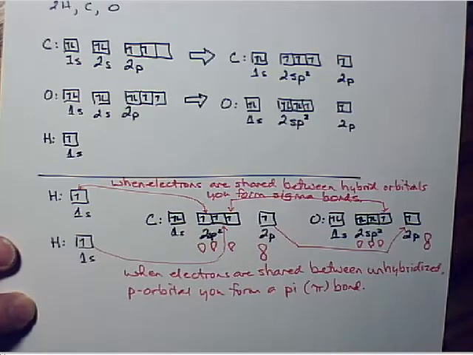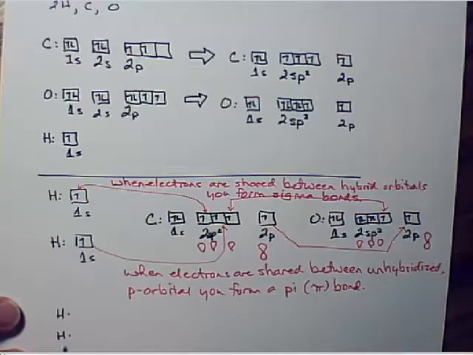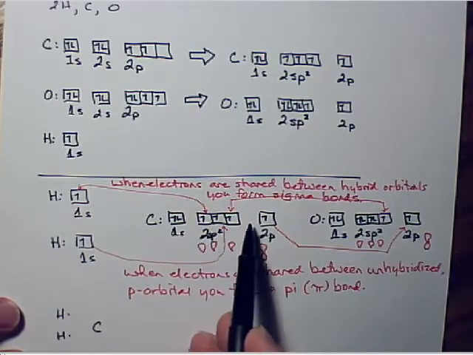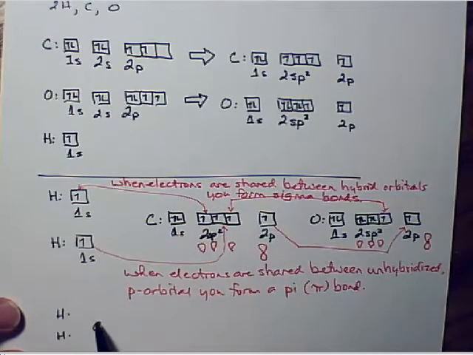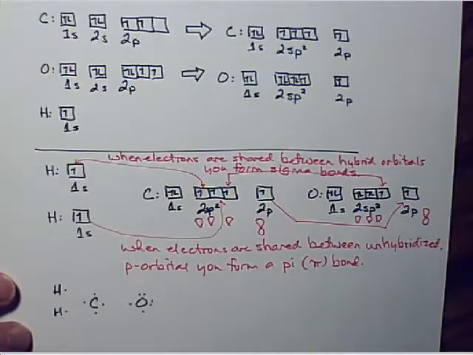Okay? First, just so we're kind of bringing ourselves up to speed here, let's do electron dot formulas and then Lewis formulas. Here's the hydrogens with one electron dot, one valence electron. Carbons have 1, 2, 3, 4 electrons in the valence level. Oxygens have 1, 2, 3, 4, 5, 6 electrons in the valence level. So they look like that. Okay, so that's our electron dot formulas. And then we're going to share electrons to get to the Lewis formula.